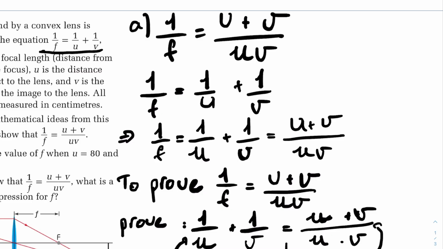Now I'm going to solve part A of this question. Part A is asking us to solve the question by using mathematical ideas. It gives the equation 1 over f equals (u plus v) over (u times v).